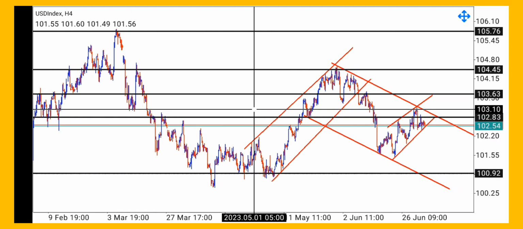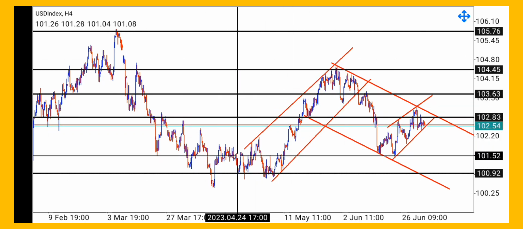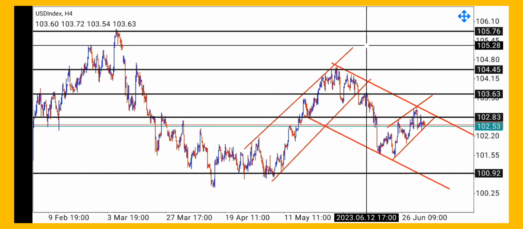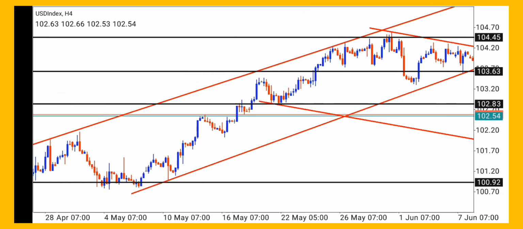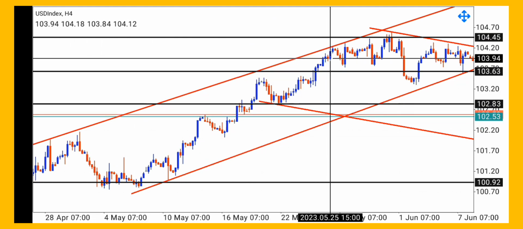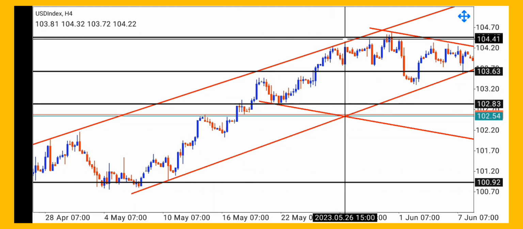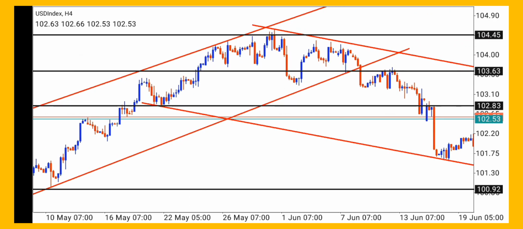So the DXY was moving up, it was on the rise, but then you discover it had given us this particular channel. So the DXY hit there, the first touch, second touch here, then third touch, then it played around, created another channel.